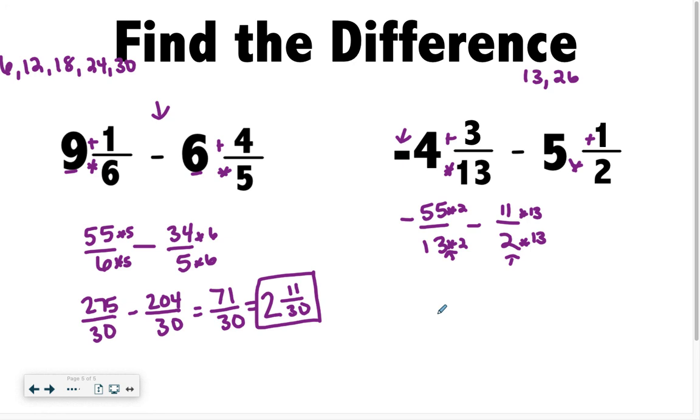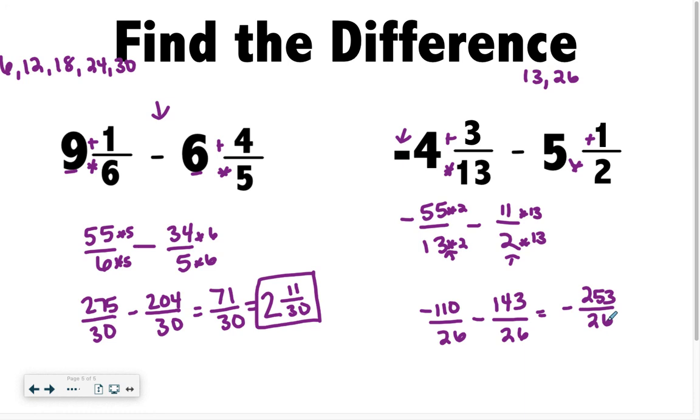So 55 times 2 is negative 110 over 26, minus 11 times 13 is 143 over 26. So if I do negative 110 minus 143, I'm left with negative 253 over 26.